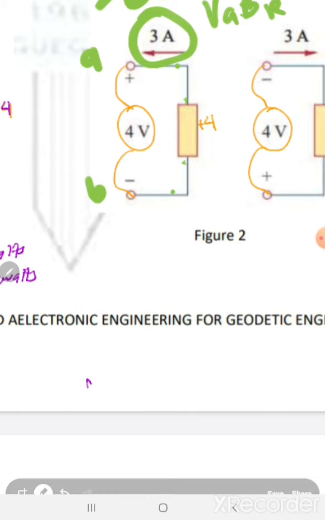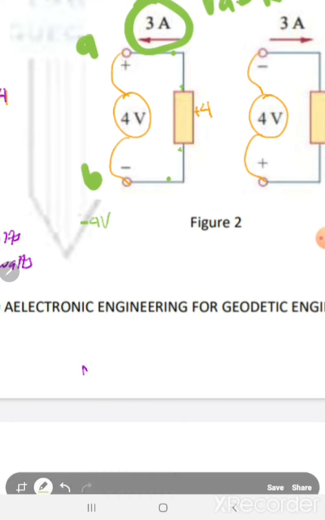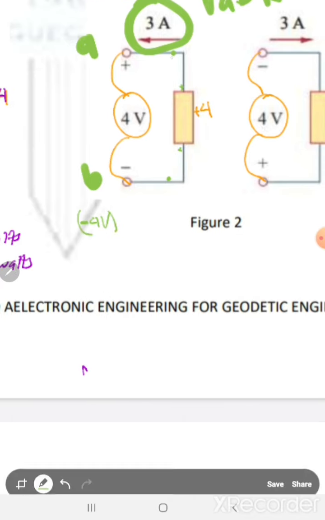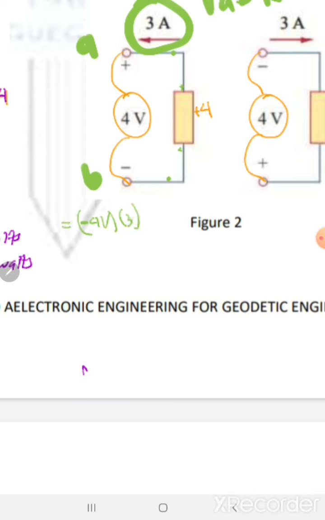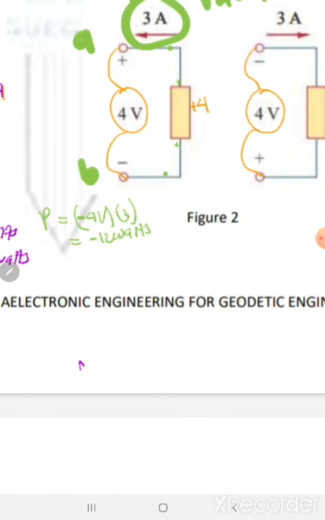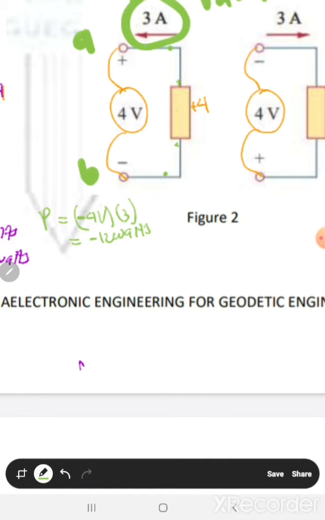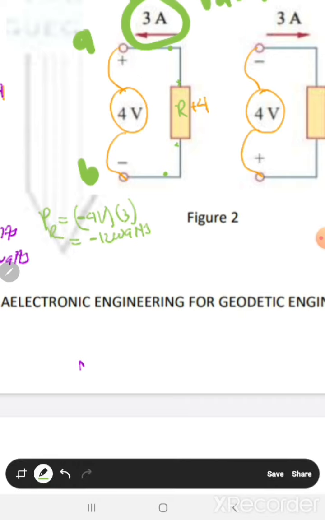We have negative 4 volts multiplied by our positive 3 ampere. Therefore, our P is equal to negative 12 watts. Okay? That is our PR. Okay?